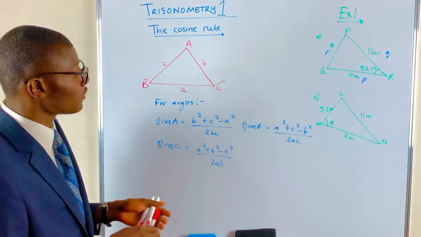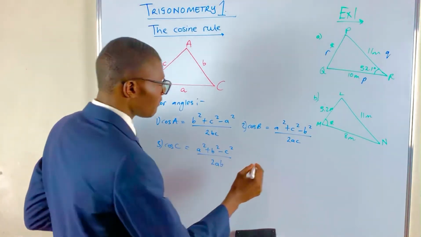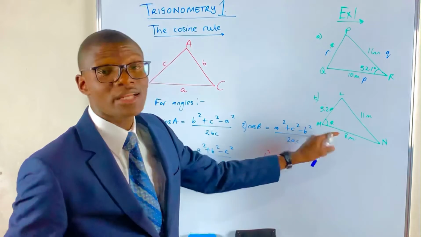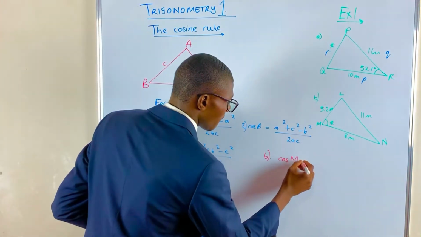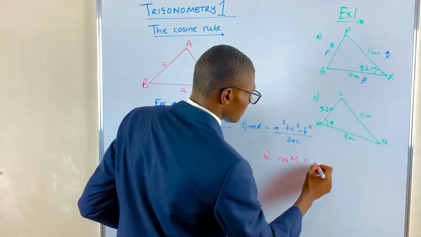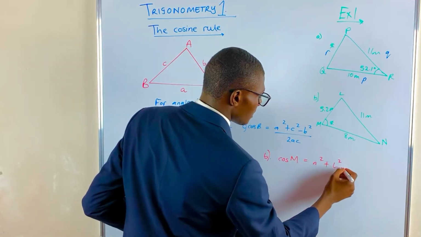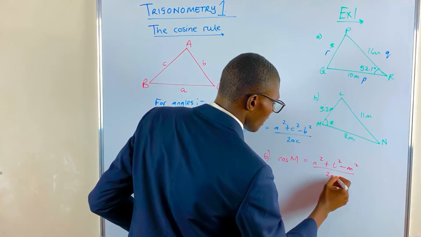Now looking at example B, we've got all three sides, and we want to calculate the angle M. So cos of the angle M is equal to n squared plus the side L squared minus the side M squared over 2nL.